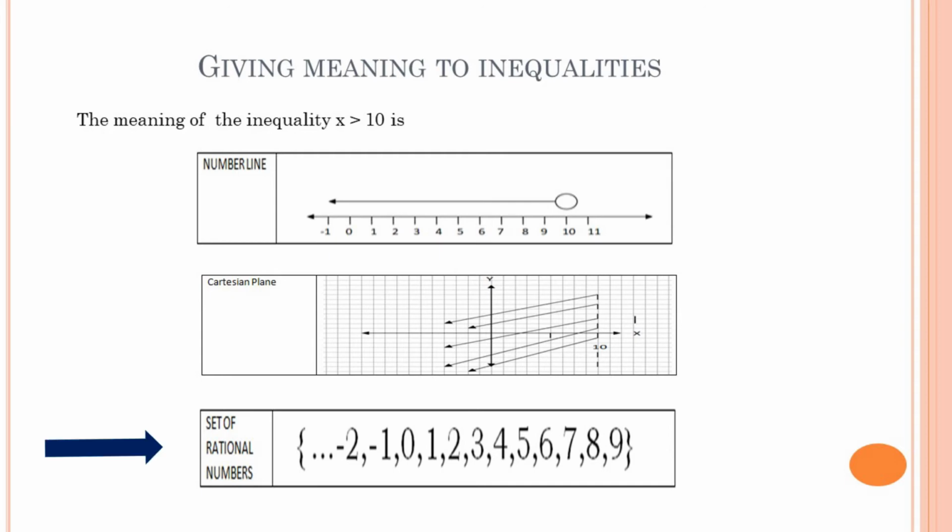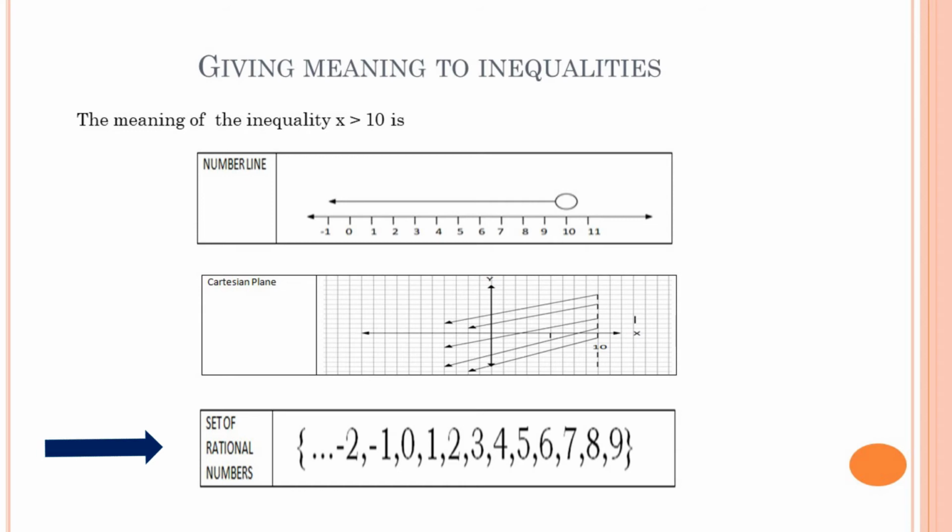If you were to list the set of rational numbers, and here is where it gets interesting, the set of numbers less than 10 would be 9, 8, 7 going towards infinity. So there you have a representation in 3 different domains of how we represent an inequality and give meaning to it.